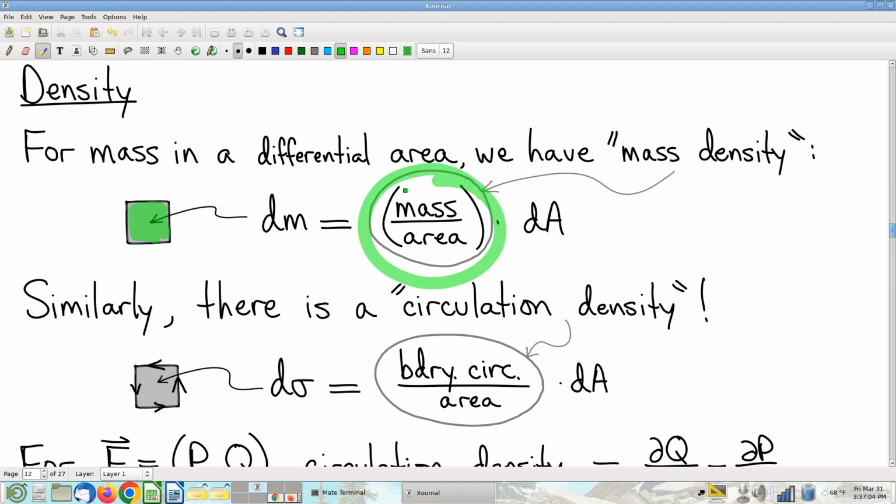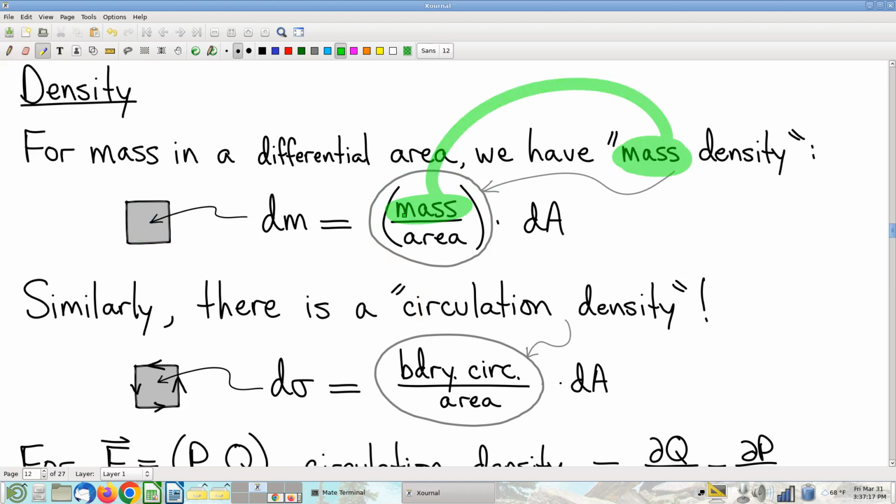Area just happens to be the appropriate notion of size here, right? So we call this specifically mass density because mass is the quantity. Mass is the accumulating quantity. It's the numerator in this, writ large, concept of density that we're describing here.